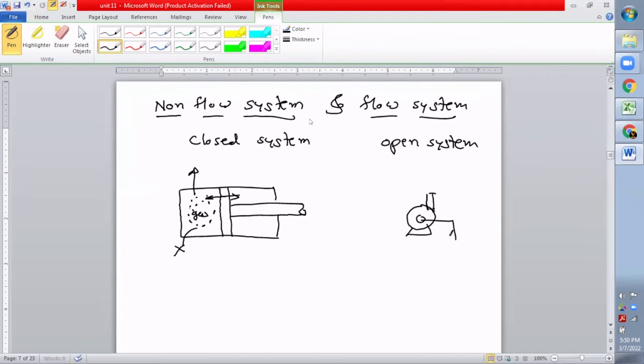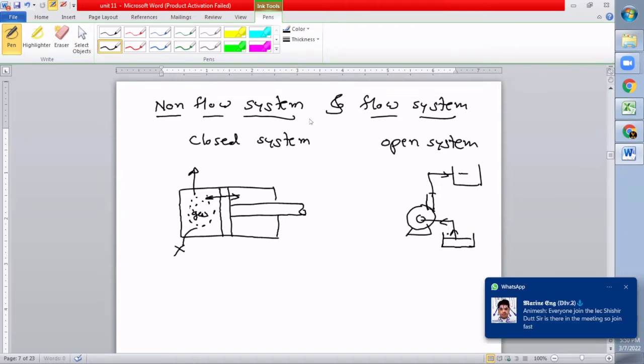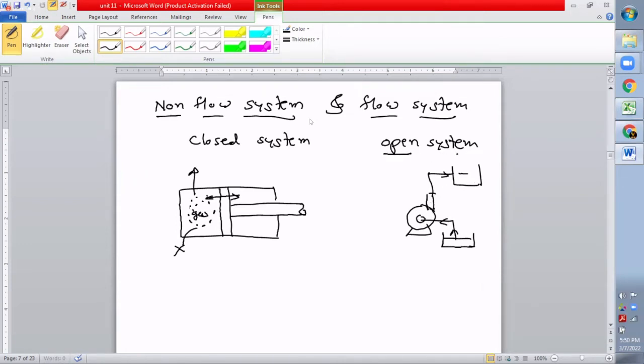The function of the pump is to deliver the water from low potential, that means from low head, towards the high potential. So in this case, the energy at low potential is different than the energy at the higher end. So transfer of energy takes place from one end to the other end. At the same time, the fluid also moves. That means the mass of the fluid also moves inside the system and also moves outside the system. So this is called the open system.